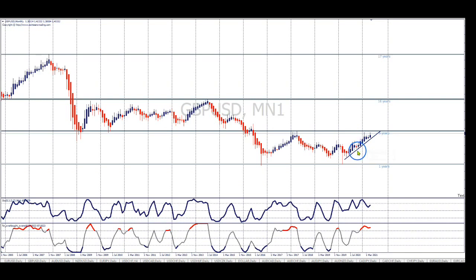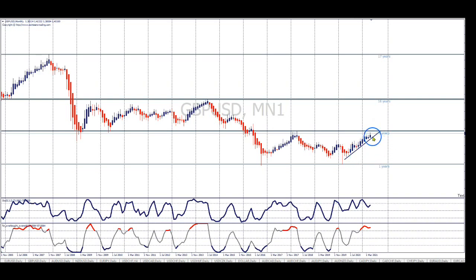So you can see right here, since 2020, last year, the market has been in an uptrend and is coming up upon this major level of resistance right here, right? So either price is going to continue to go through the level of resistance, it may consolidate up here, or it might do a complete reversal.